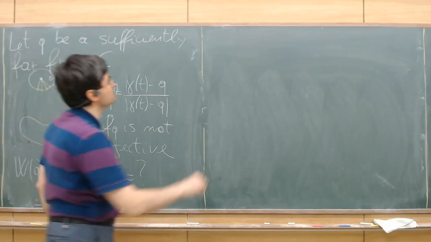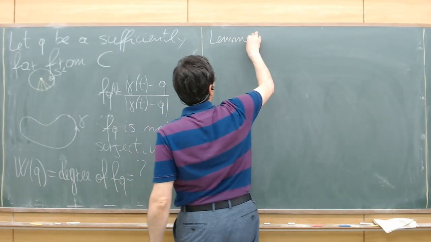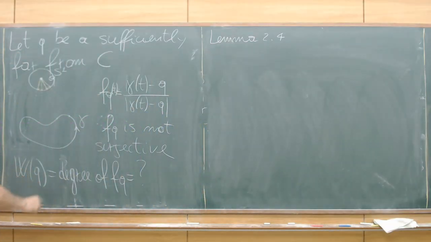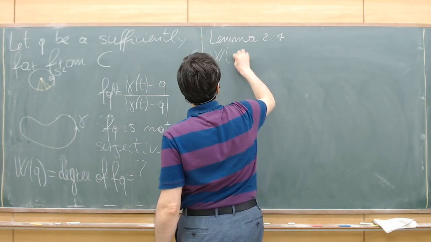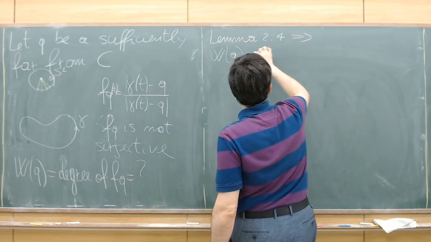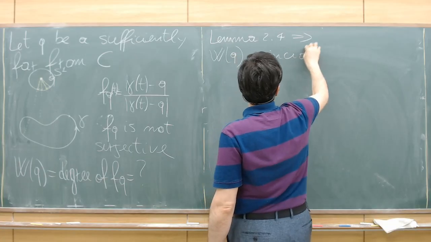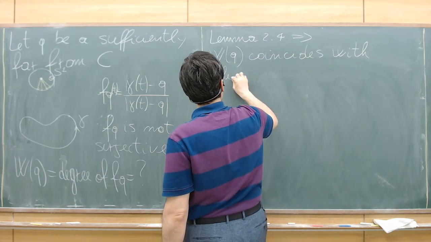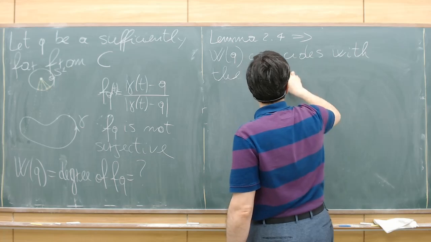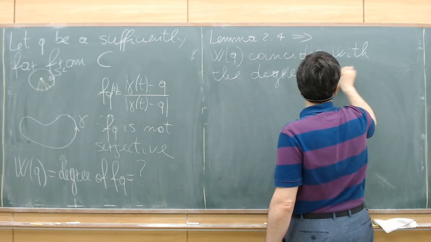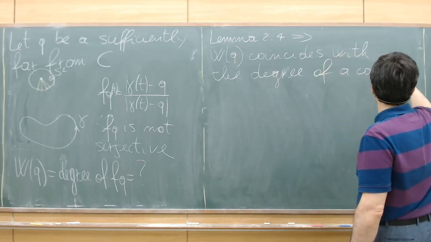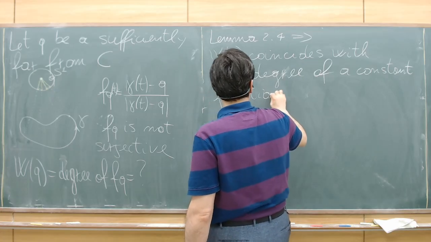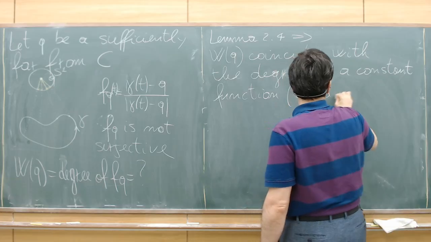So lemma 2.4 can be used for proving that the degree of this function coincides with the degree of a constant function, and this is 0.